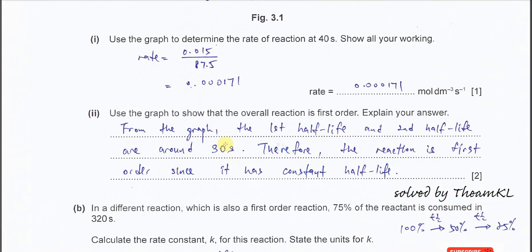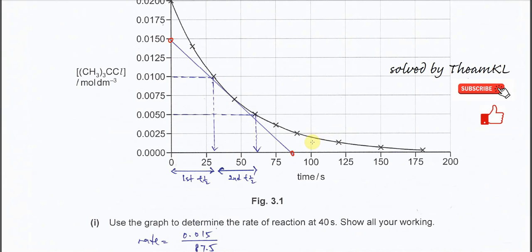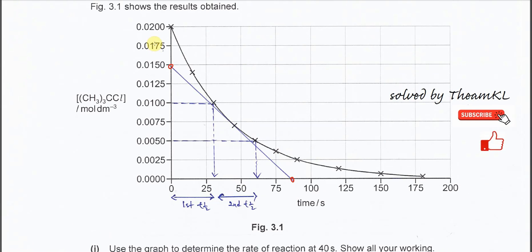For Part 2, use the graph to show that the overall reaction is first order. Explain your answer. So for first order, we know that the half-life must be almost constant. Meaning you have to identify or get the half-life. So this reaction is started with 0.02.